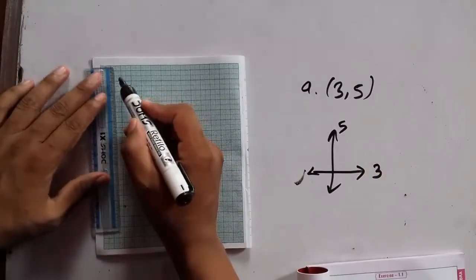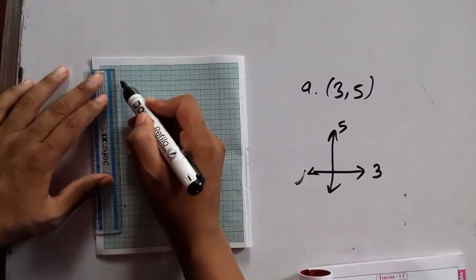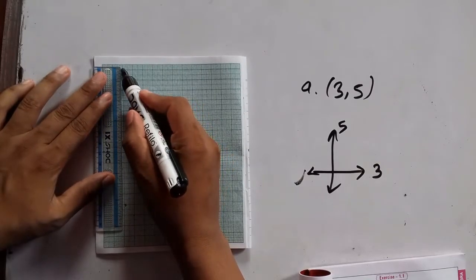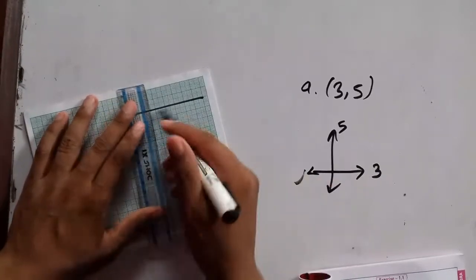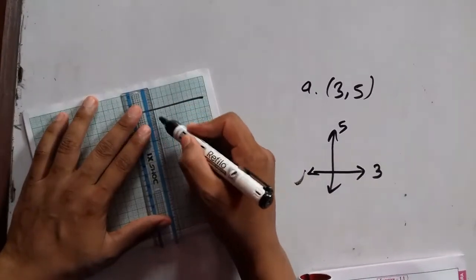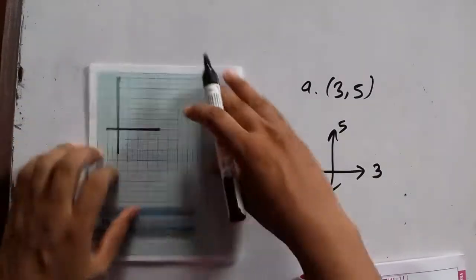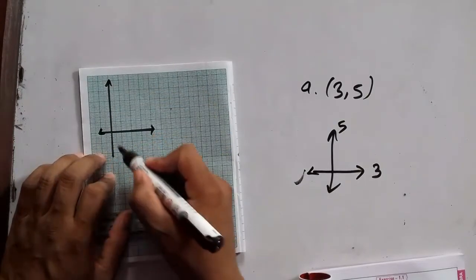This side we don't need, and on the up side we need 5 only, 1, 2, 3, 4, 5. So this much is sufficient. Then towards this side only 3 units, 1, 2, 3. I am taking one extra so that it will be easier for us.